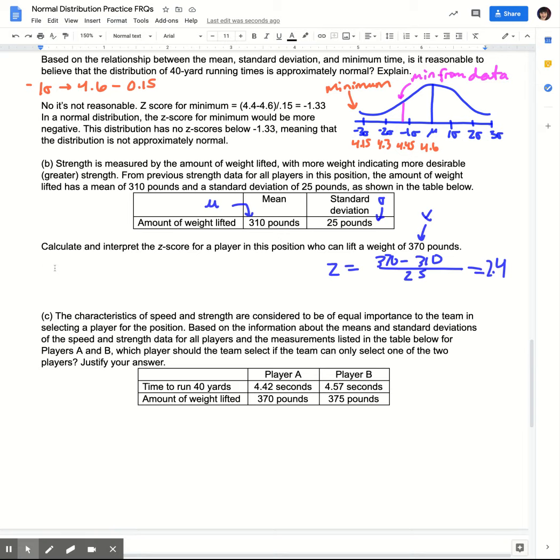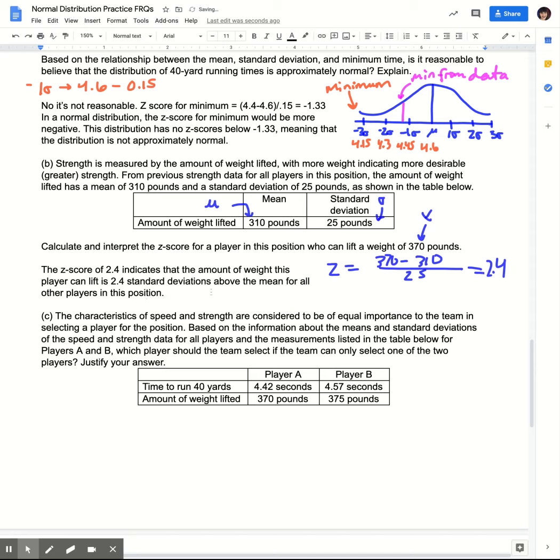Then the interpretation is that the z-score of 2.4 indicates that the amount of weight this player can lift is 2.4 standard deviations above the mean for all other players in this position.